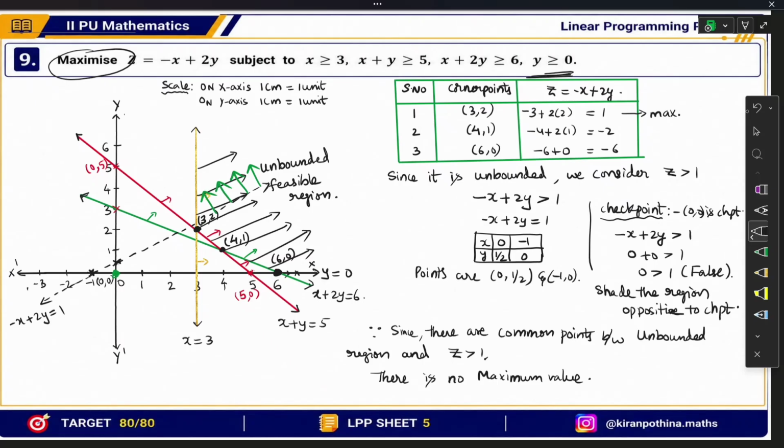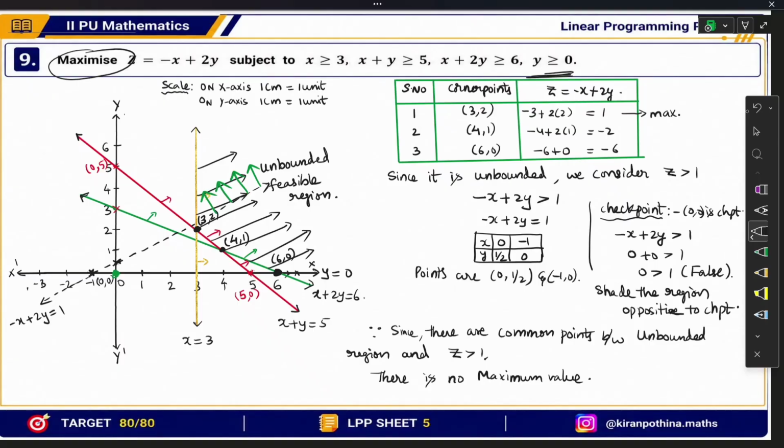Till now I did 5 LPP sheets. In that, the first 3 are related to bounded region. In that, only one point is also there, multiple optimum solutions is also there. So after watching the first 3 sheets, you should also watch sheet 4 as well as sheet 5, because sheets 4 and 5 belong to unbounded region.